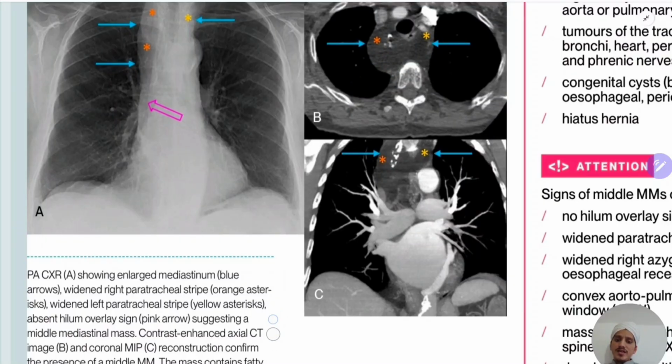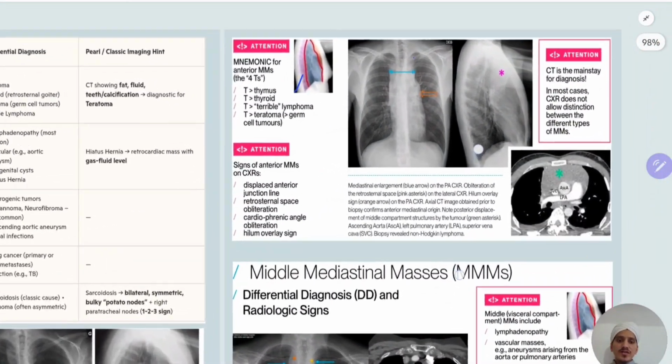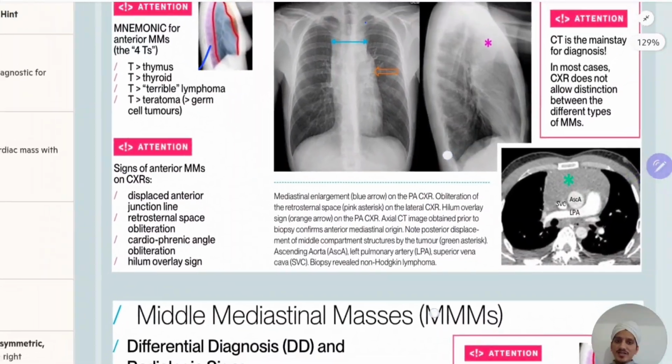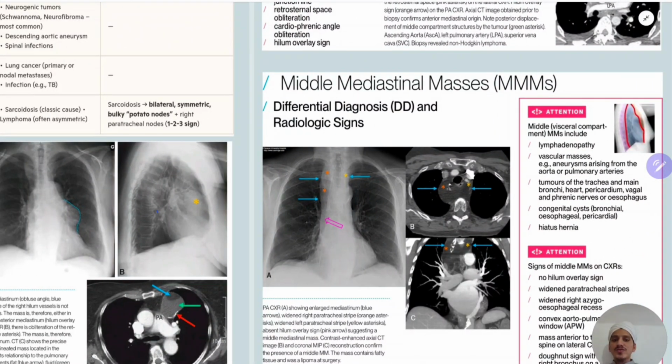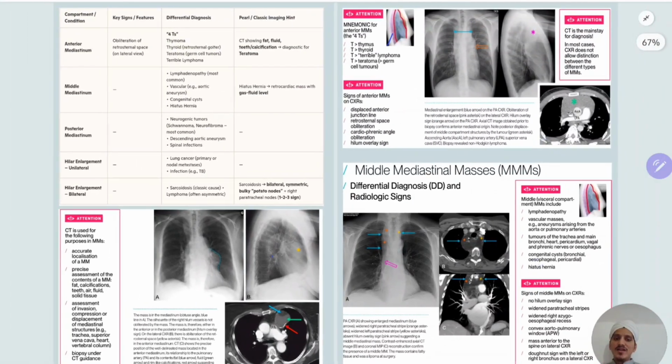The important thing in a mediastinal mass is that there will be obscuration of the hilar vessels by the border of the mass, and if you are confused about that obscuration, then you should see the aortopulmonary window. That window will be enlarged in a middle mediastinal mass, or else you just do a CT scan and that will confirm.